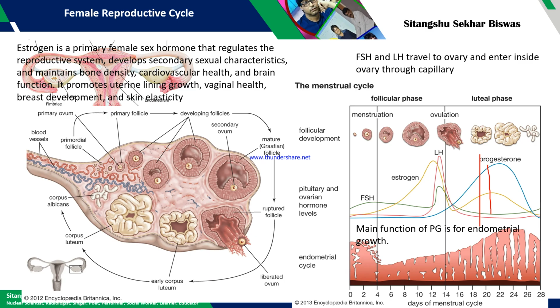If the sperm is not fertilizing the egg, then normally the corpus luteum slowly will die within 10 to 14 days, and due to that the progesterone level started to come down. Once the progesterone level comes down, this will cause the shedding of the endometrium, which is already developed, and that will initiate the new cycle, which will start again from here.